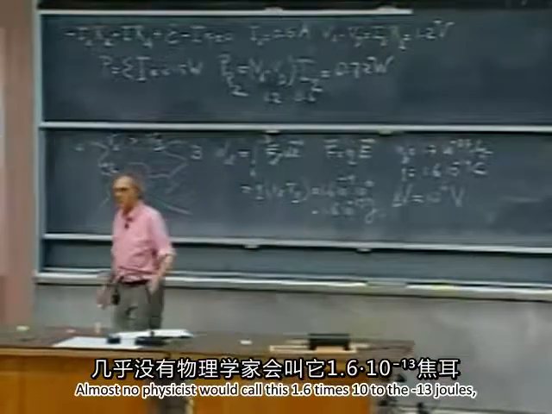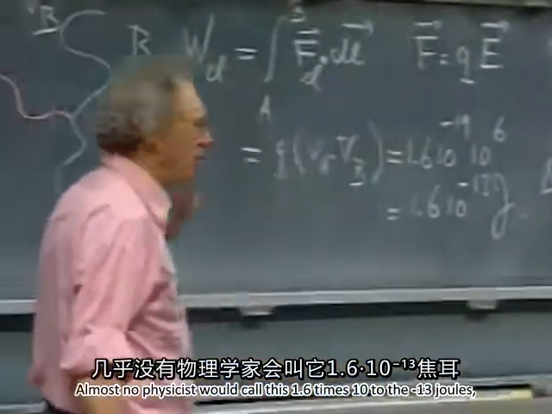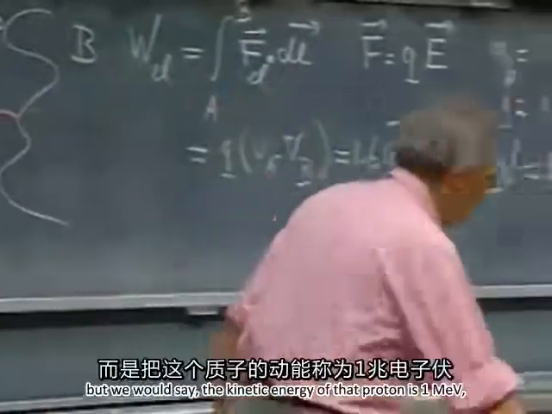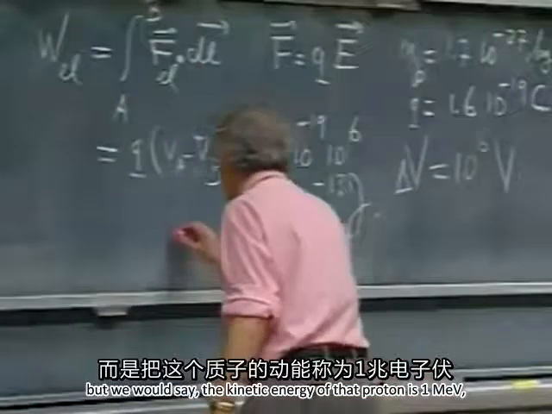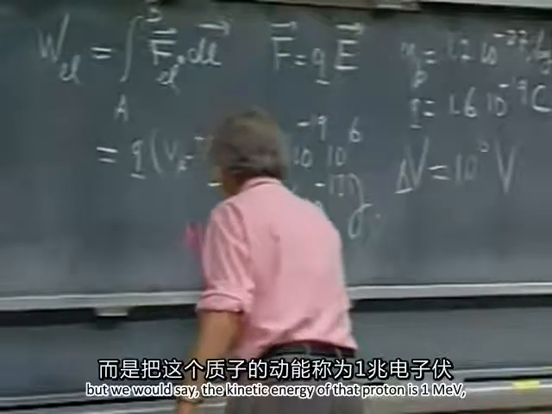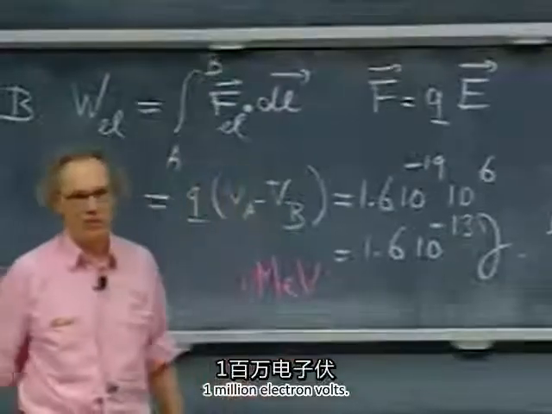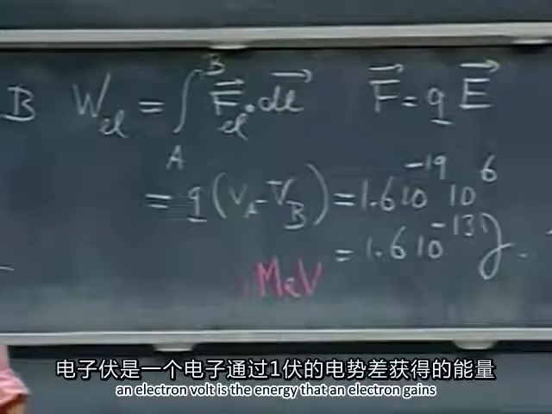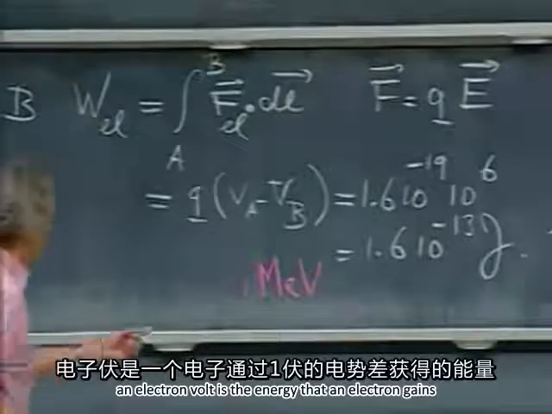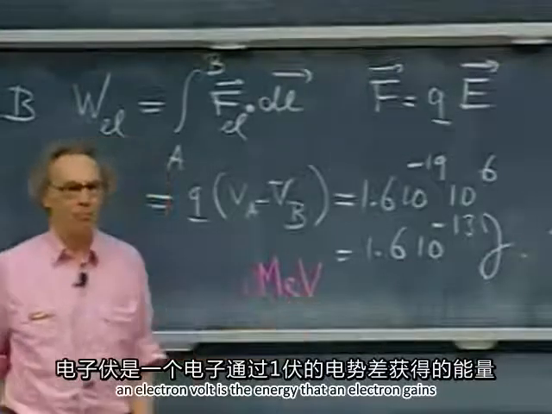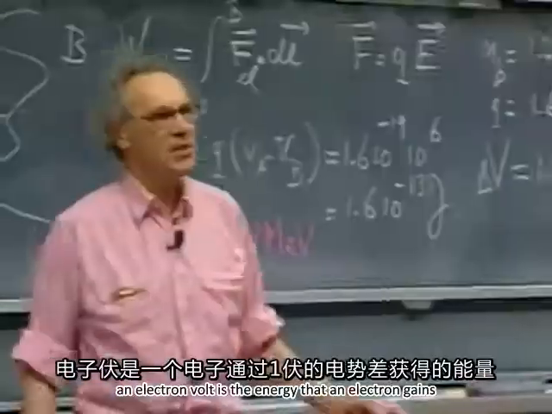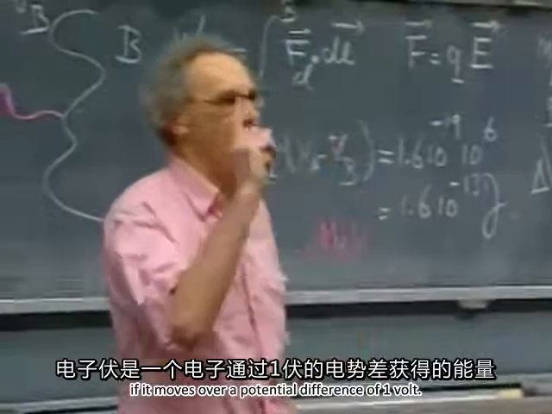Almost no physicist would call this 1.6 times 10 to the minus 13 joules, but we would say the kinetic energy of that proton is 1 MeV, 1,000,000 electron volts. And the reason why we do that is, an electron volt is the energy that an electron gains if it moves over a potential difference of 1 volt.